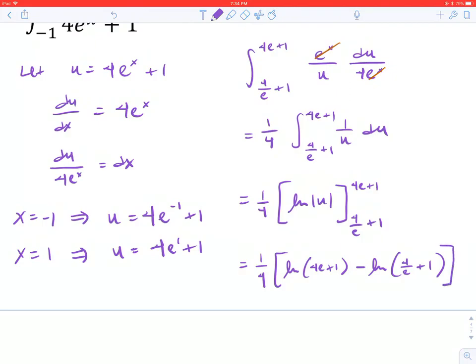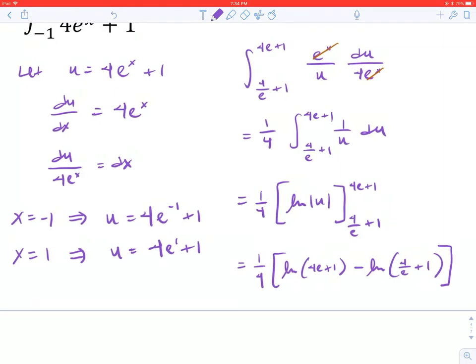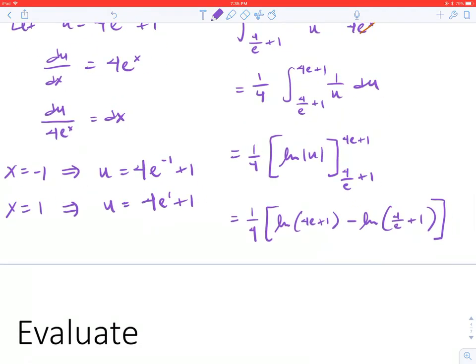And I can get rid of the absolute value bars, because those absolute value bars mean that if we were to substitute in a positive or a negative value, it forces it positive. So since 4e plus 1 and 4 over e plus 1 are both positive values, the absolute value of them is themselves.